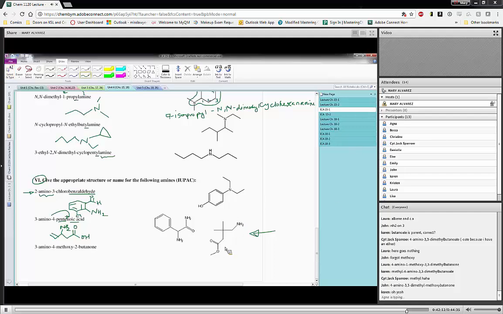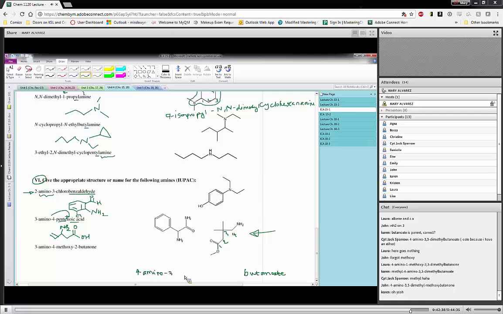Right, so good. This is an ester, 4 carbons, so that is a butanoate. My longest carbon chain with the carbonyl ester. And yes, I've got 2 methyl groups at the 3 position and amino group at the 4 position. So this is 4-amino.